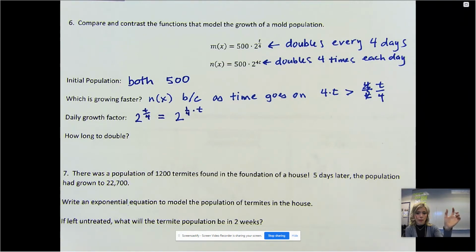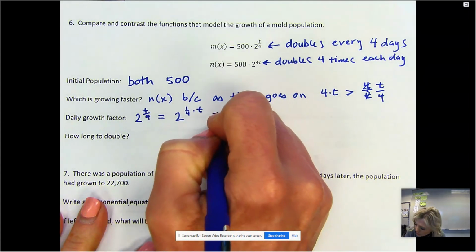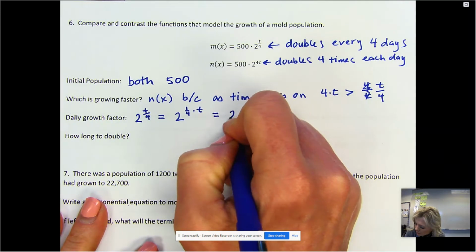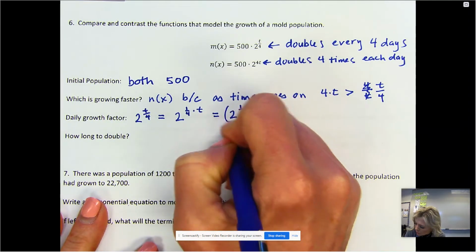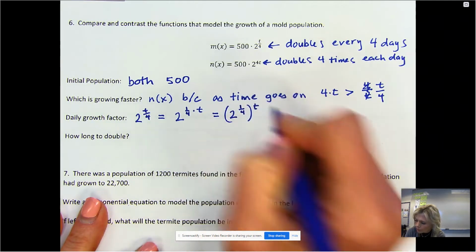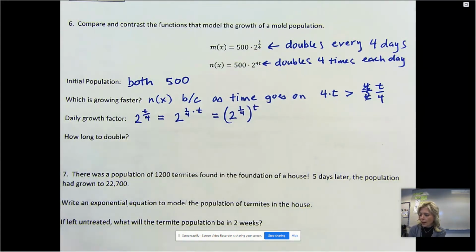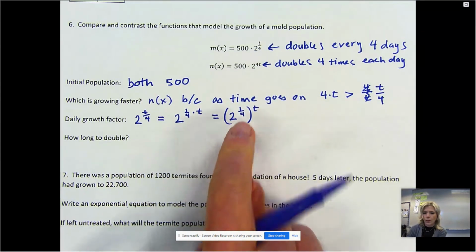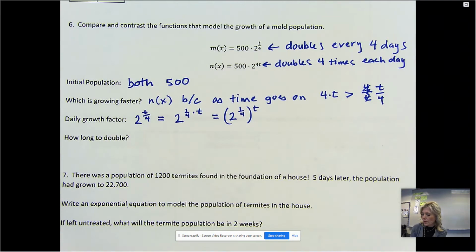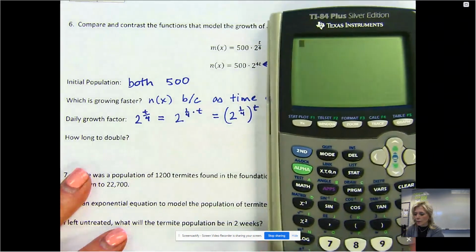Now, when you multiply exponents, you can do the same thing by power to a power. So I can just say this is the same thing as 2 to the 1/4 to the t. And that allows me to figure out the daily growth factor on my handy dandy calculator.